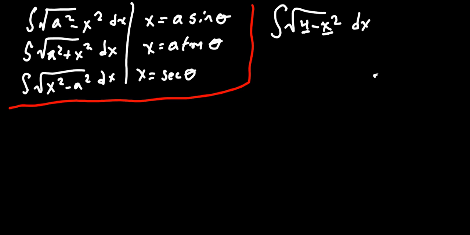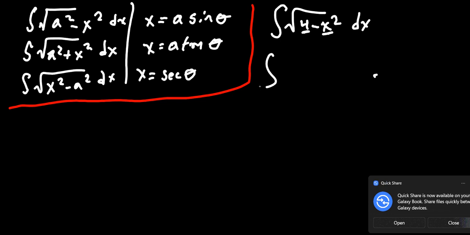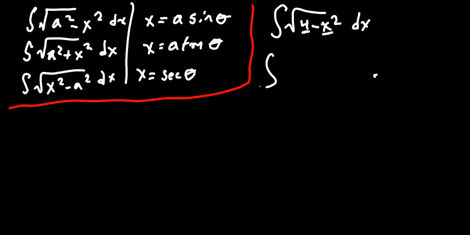So what this looks like is the square root of 2 squared minus x squared. Okay, and what this gives us is our a value for substitution.